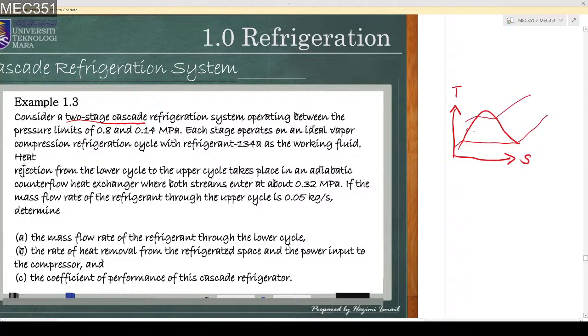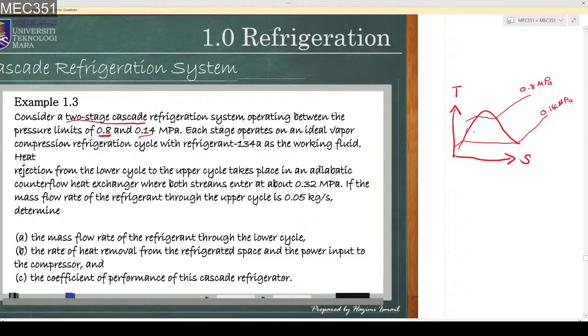Because the limit means that the highest one is 0.8 MPa, and the lowest one is 0.14 MPa.